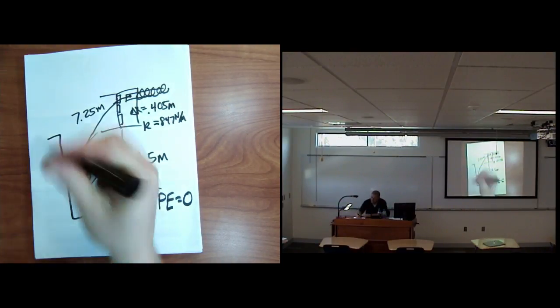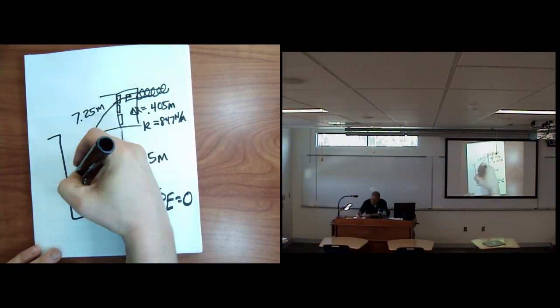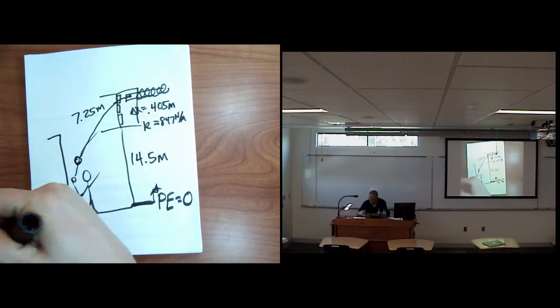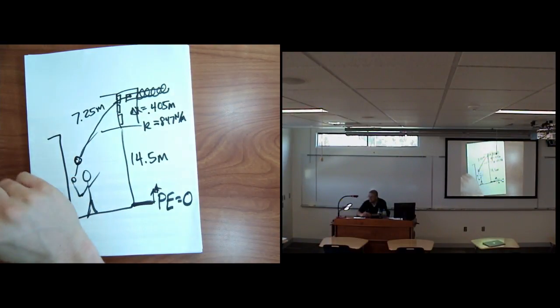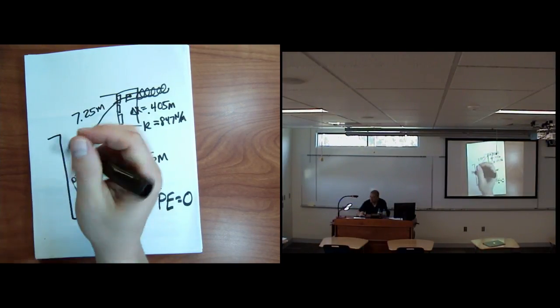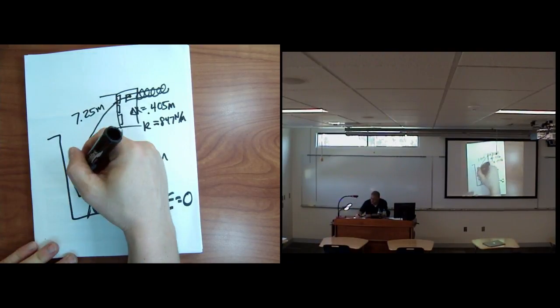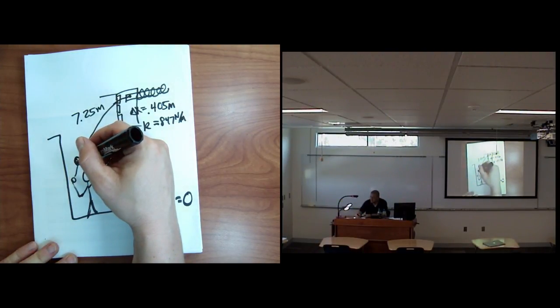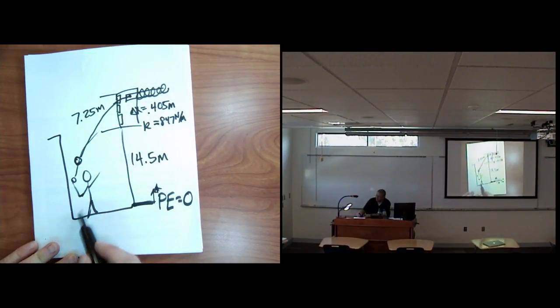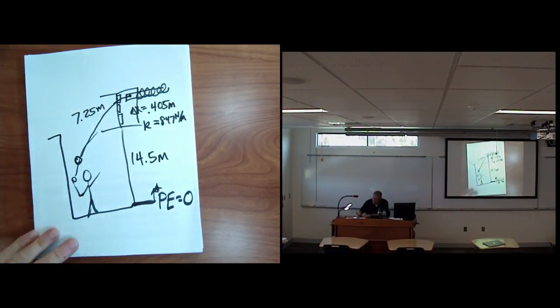After the ball leaves Harold's arm, so here it is in the air, and he's just thrown it, it's just left his hand, what kind of energy does the ball have? We're assuming he throws it from the bottom of the pit, 14.5 meters deep. So it only has kinetic energy here.